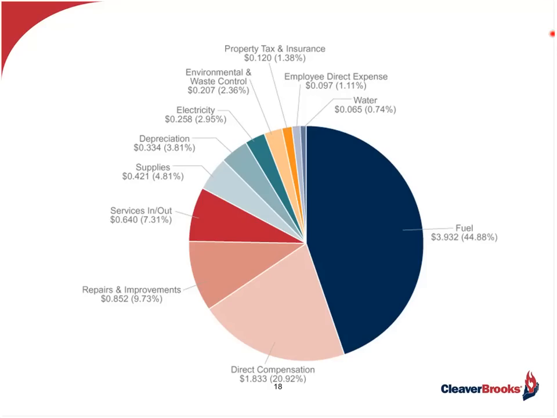So controlling costs, and as you can see here, controlling the cost of fuel becomes paramount in terms of overall spend in keeping an operation going. So selecting the right boiler and applying it to that particular application becomes extremely important in trying to save this part of the pie that you see right here.